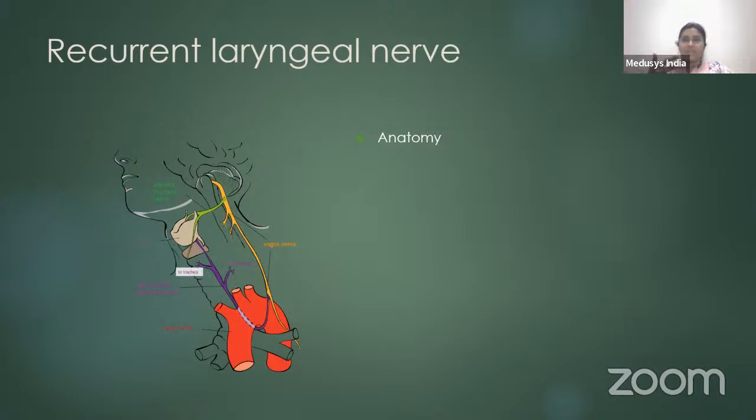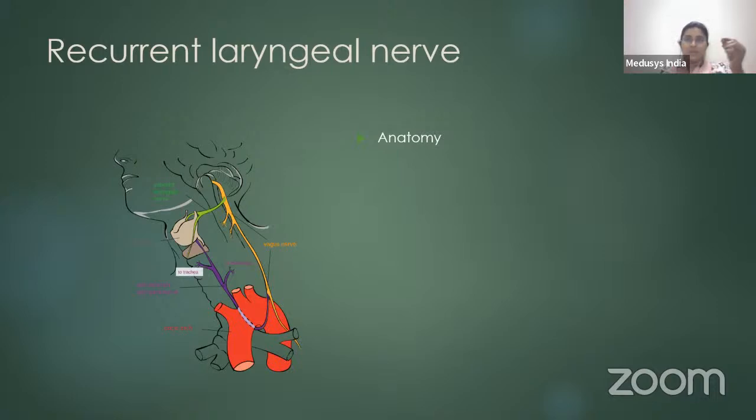Can anyone tell about the muscles supplied by the recurrent laryngeal nerve? Yeah, the recurrent laryngeal nerve supplies all the muscles of the larynx, except the cricothyroid, which is supplied by the external branch of the superior laryngeal nerve. And it supplies the sensation below the vocal cord. That is what they expect.